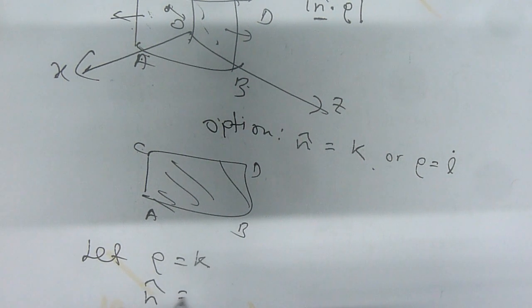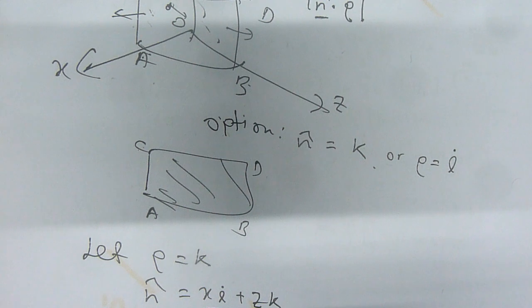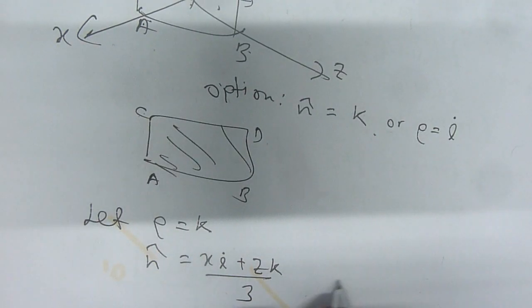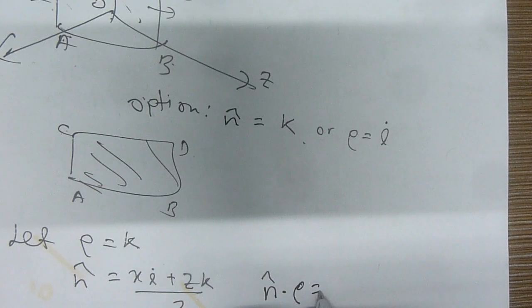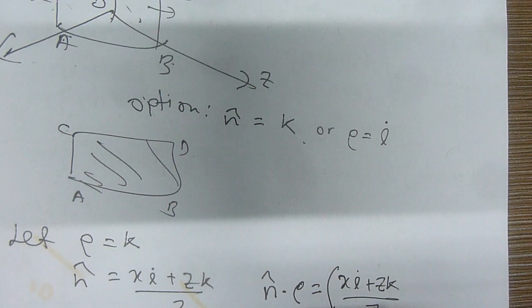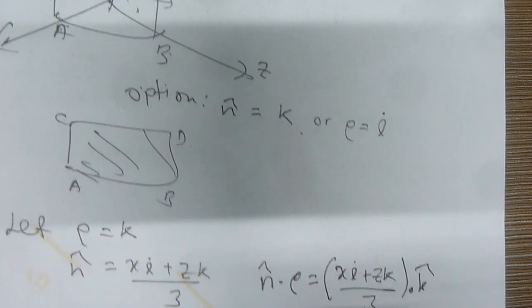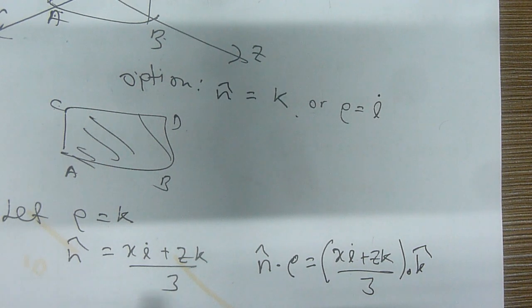If n, okay, you see xi plus zk 3. Therefore I get n rho. What I'll get is xi zk 3 dot with the k. It's a modulus, you know, therefore it's positive. Remember z over 3.